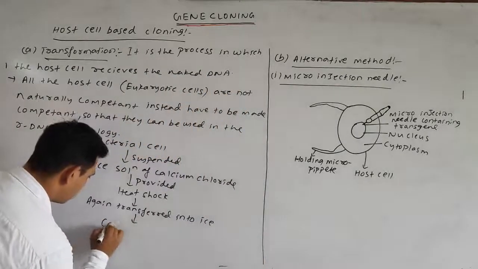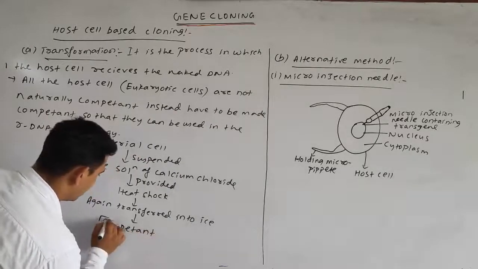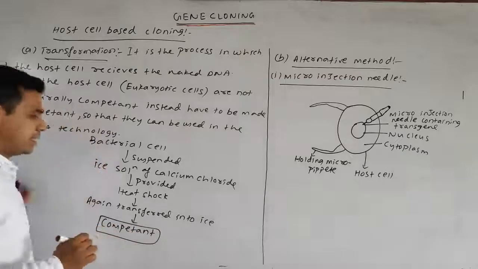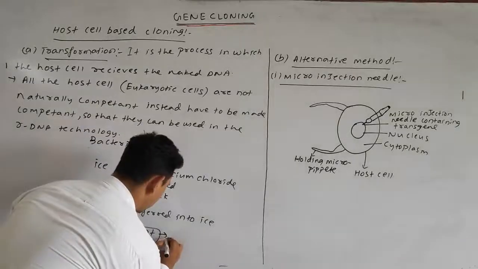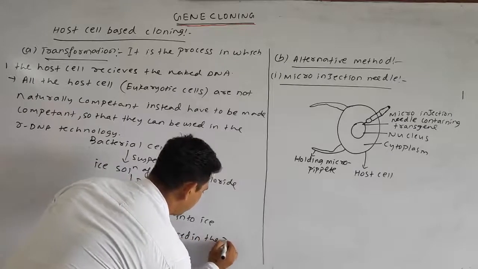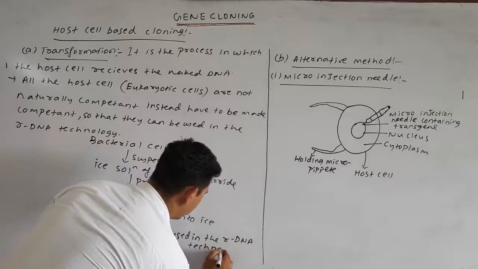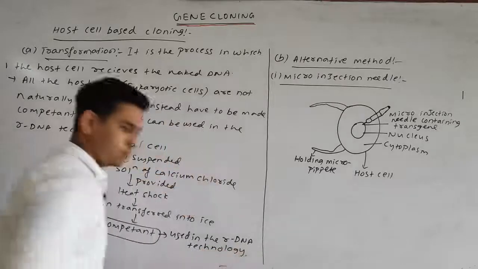Now the bacterial cells are competent so that they can be used in the rDNA technology. Simple.